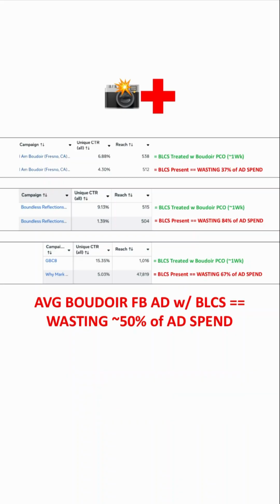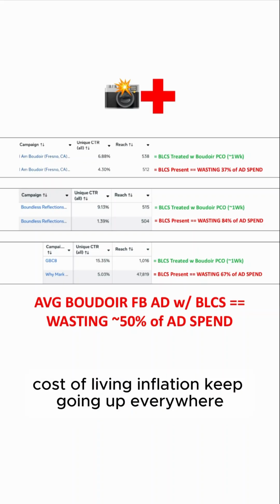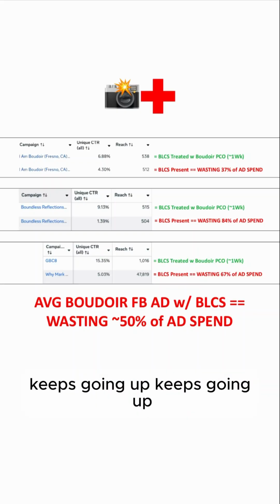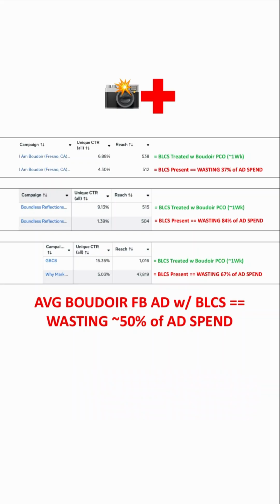So you're seeing that, and you're also seeing cost of living inflation keep going up everywhere. And you've already been optimizing other parts of your business to pull the same input but more output, more money output, less waste.